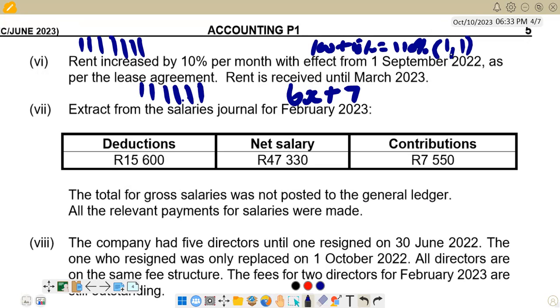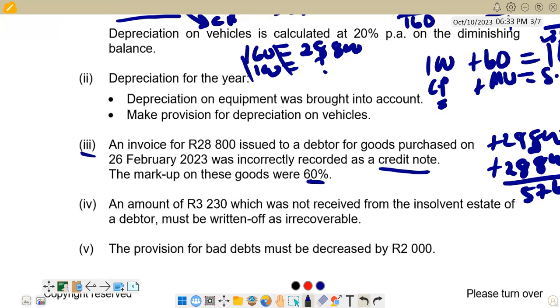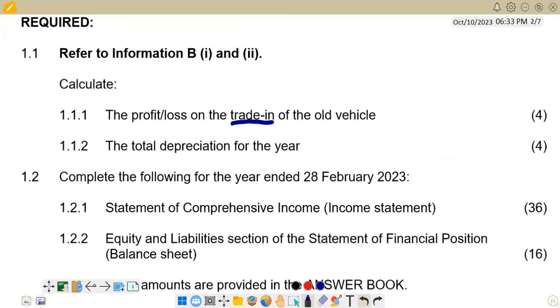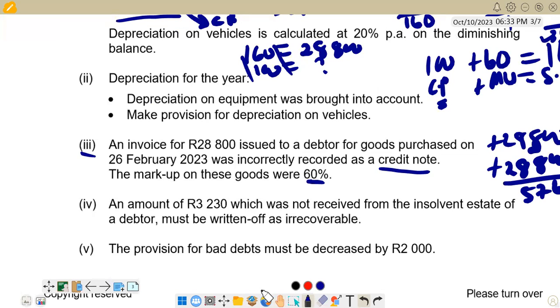If you multiply these 7 months by 1.1X, where X represents our monthly rental before it increased, you get the total that was received for the year. And if you go back to check that total that was received for the year in the list of balances, let's check the amount that was received for the year.